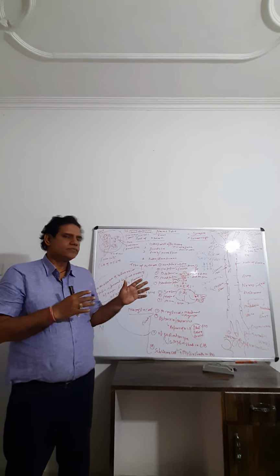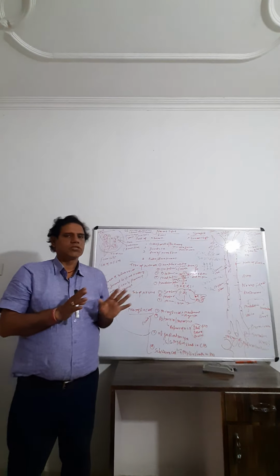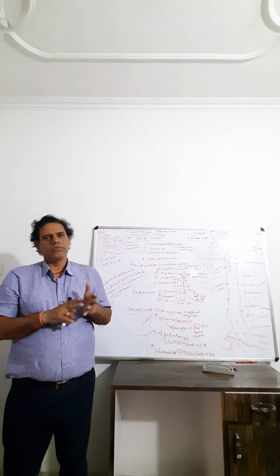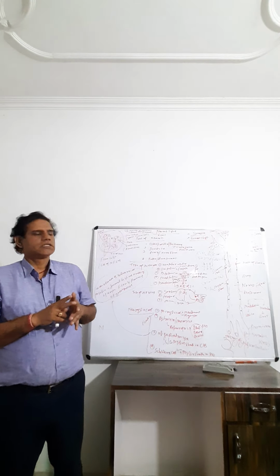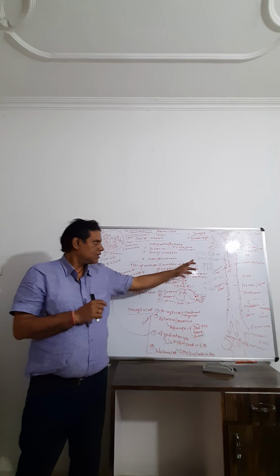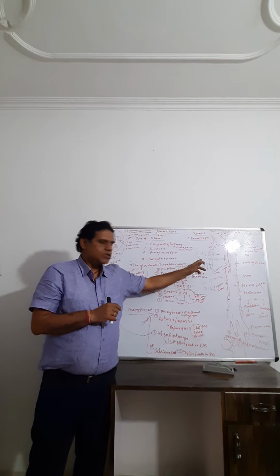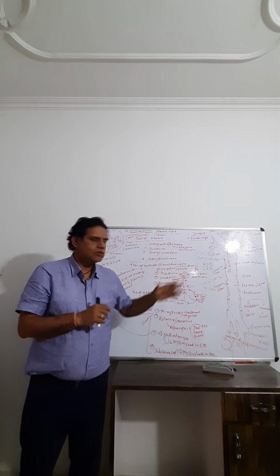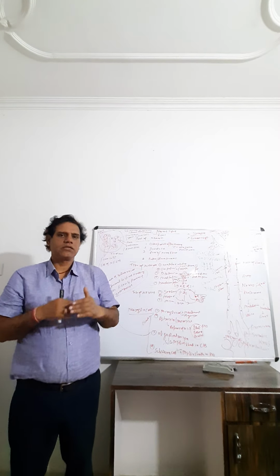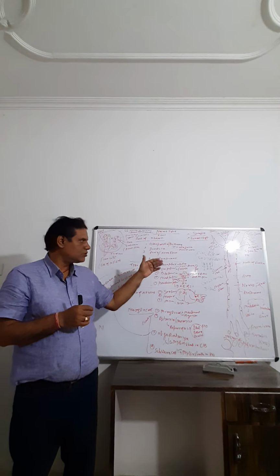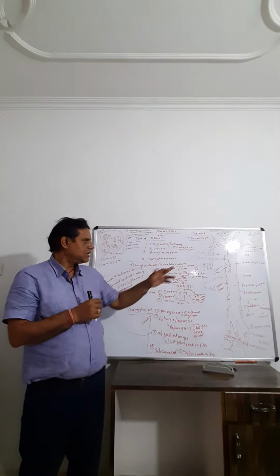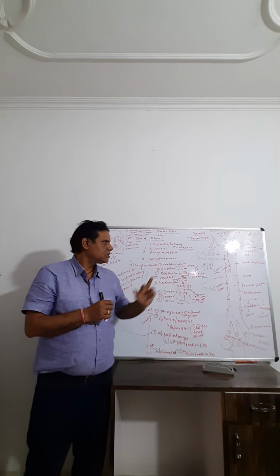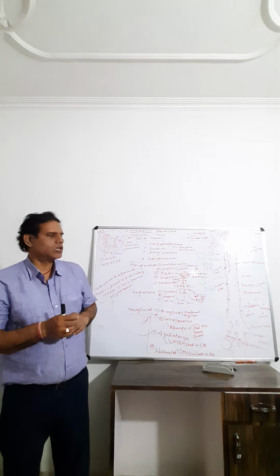All spinal nerves are mixed, but cranial nerves may be sensory, motor or mixed. The cranial nerves are olfactory, optic, oculomotor, trochlear, trigeminal, abducens, facial, auditory, glossopharyngeal, vagus, spinal accessory and hypoglossal. Out of 12 pairs of cranial nerves, 3 are sensory, 4 are mixed and 5 are motor.